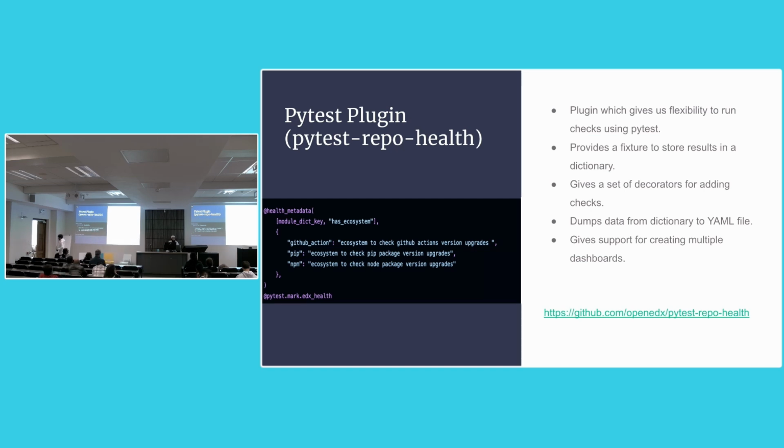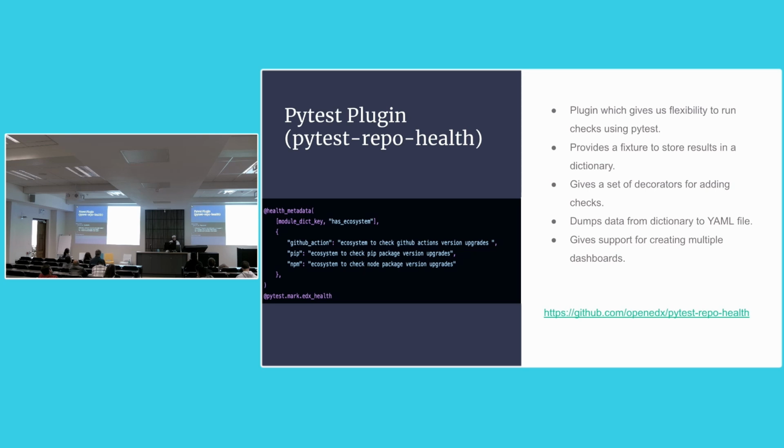So this plugin gives us flexibility to run checks using PyTest. It also provides a fixture through which we store data in a dictionary. While running the checks individually, at the end of a check's code we store the data in the dictionary provided by the fixture, and at the end of the run, it dumps the data into a YML file.